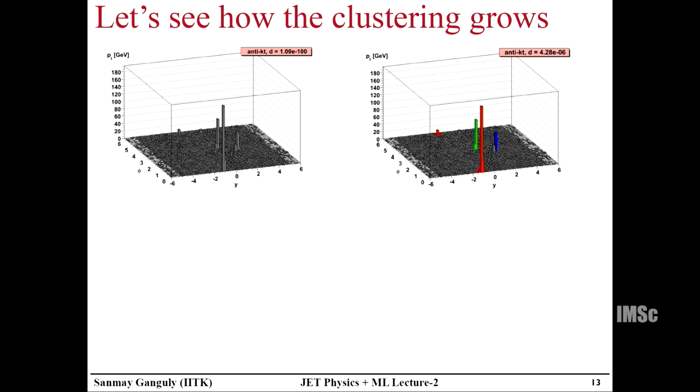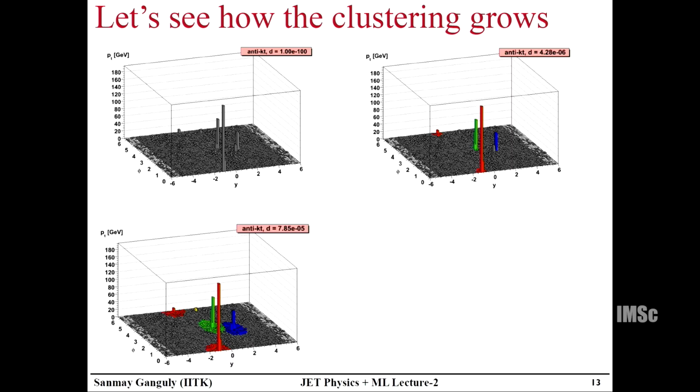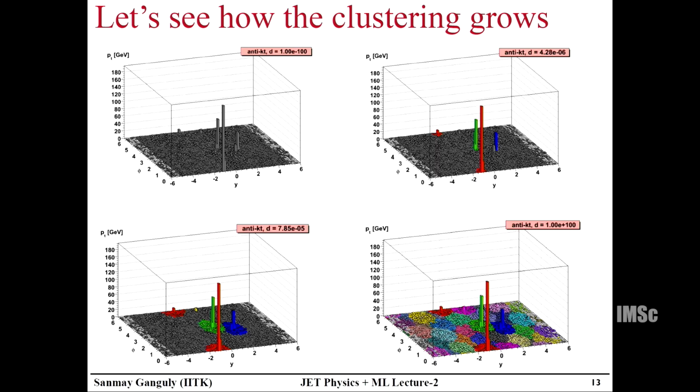It's not that the clustering starts somewhere with soft particles. It starts around the highest pT particles and keeps growing around them. Finally, when the algorithm converges, this already tells you how the jets look in the rapidity-azimuthal angle plane. The shape also gives you a fair idea of how the area of a jet looks, given that you have reconstructed the jets.